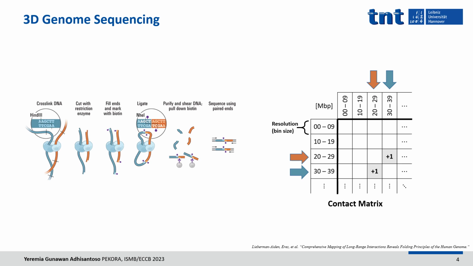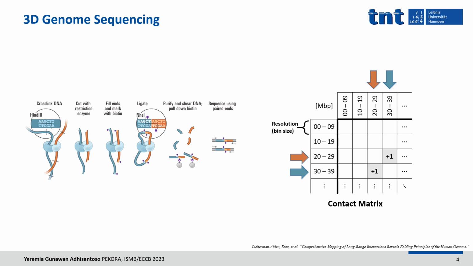Each entry of the contact matrix we call an interaction frequency. Important here is that this kind of interaction correlates with the spatial distance through the process. So for example, if two different loci are located near each other, or spatially near each other, the counts will be higher, and where the loci are quite far from each other, we will have lower values or even no values at all.